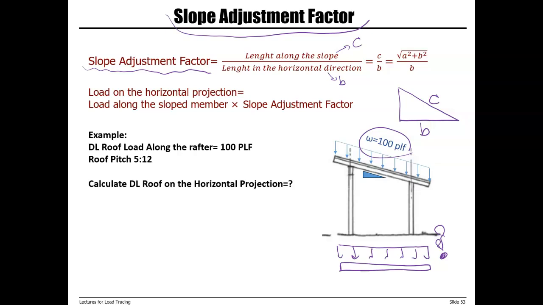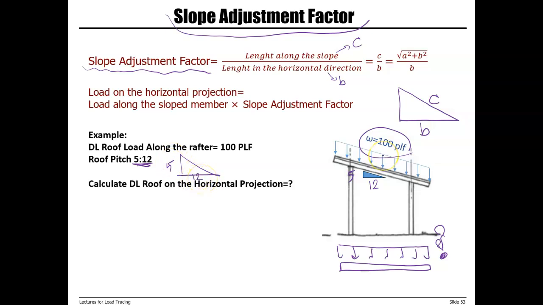So, for example, we have a sloped roof. Roof pitch is 5 to 12. So when we say roof pitch is 5 to 12, it means that height is 5 and base is 12.